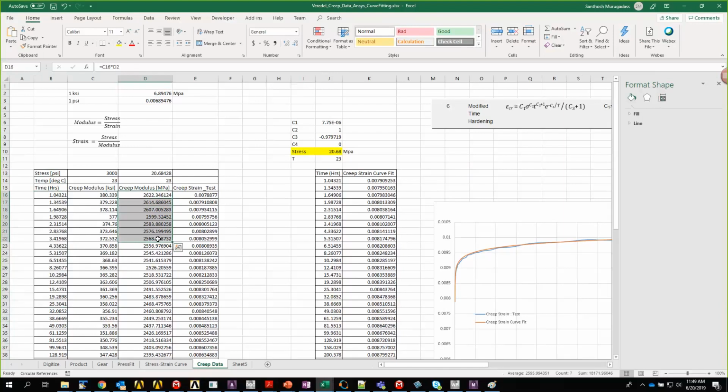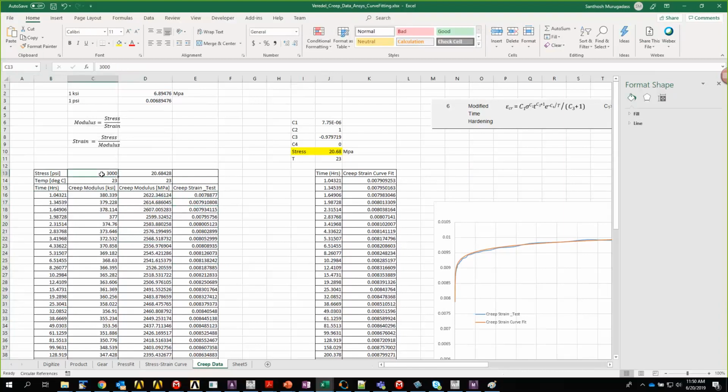But basically, to use the creep data in ANSYS, we need time versus the creep strain, not the creep modulus. So it is possible to calculate the creep strain from modulus, because we know that modulus is nothing but stress over strain. If you want to calculate the strain, it is nothing but stress by modulus.